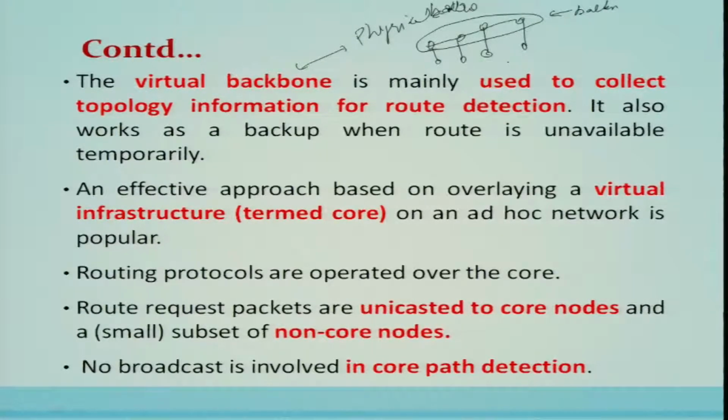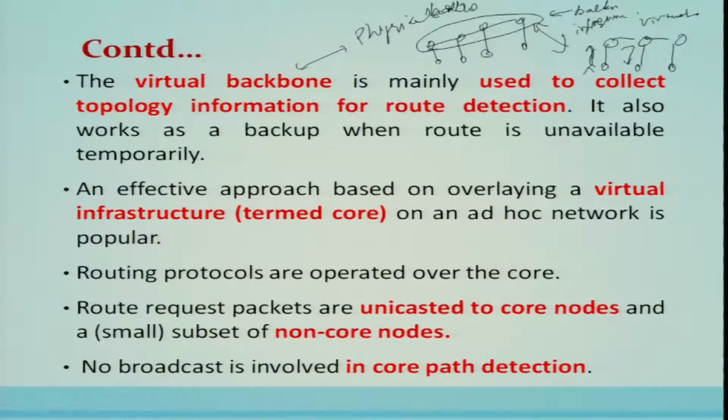Inspired from this, infrastructure-less networks like sensor networks and ad hoc networks are also inspired by this physical backbone, and they have come out to construct a similar kind of backbone structure, which is called a virtual backbone. So if the virtual backbone is in place, the nodes which are not in the backbone can communicate through the backbone.